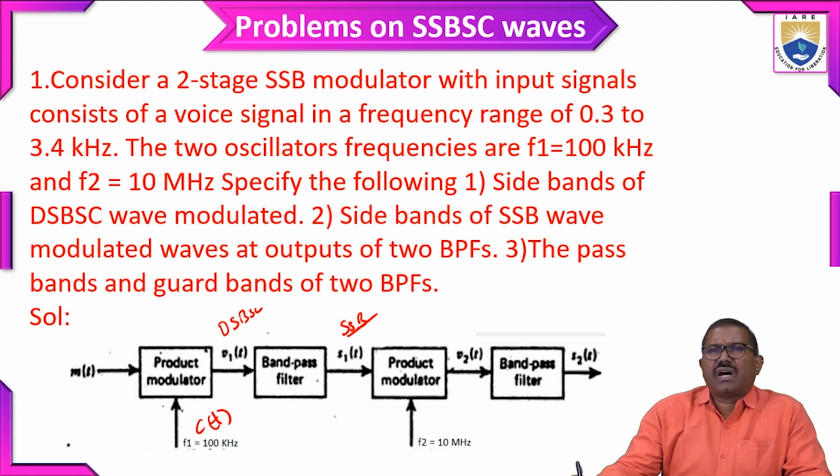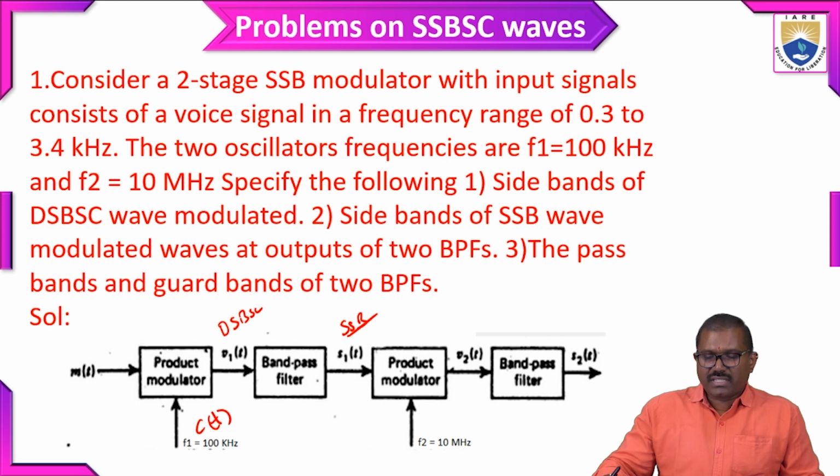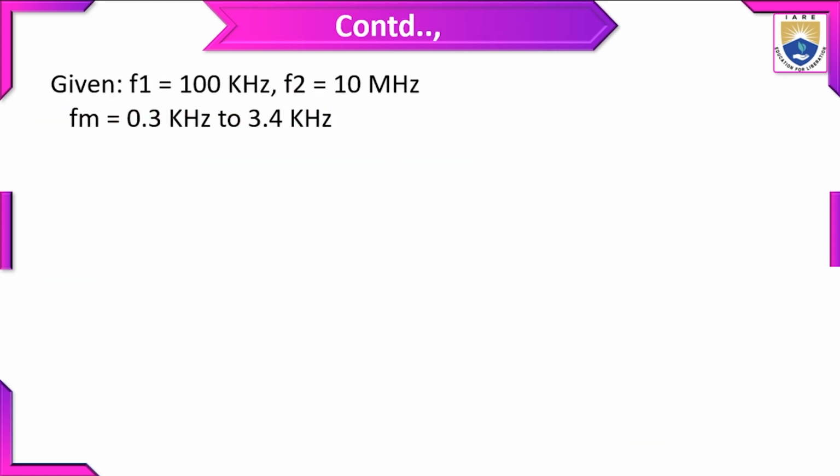FC1 is 100 kilohertz, FC2 is 10 megahertz. In the next slide, we write the given data and then start the problem. Here F1, the first carrier, is 100 kilohertz, F2, the second carrier, is 10 megahertz, and the message signal ranges from 0.3 to 3.4 kilohertz.